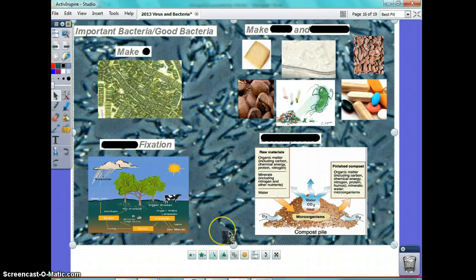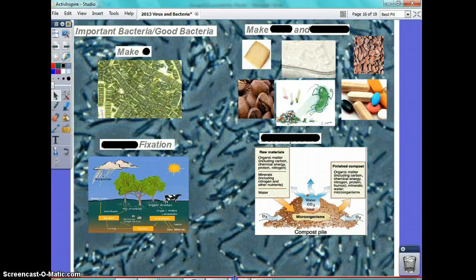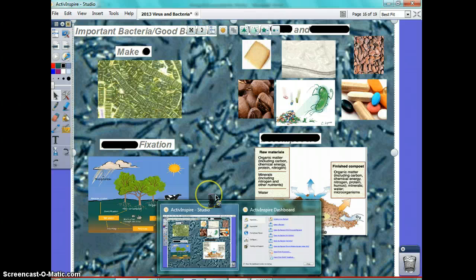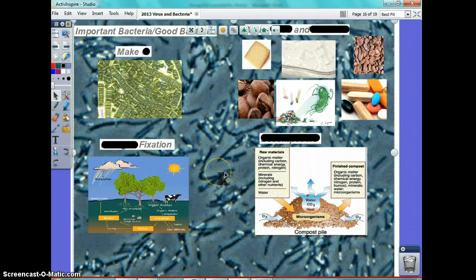So bacteria actually play a seriously important role in our environment. Without bacteria, you honestly would not exist on this planet, because they are responsible for a lot of important things. Looking at the pictures, who could name me some of them? There's one of them, nitrogen. Good. They fix nitrogen. And what does that mean?